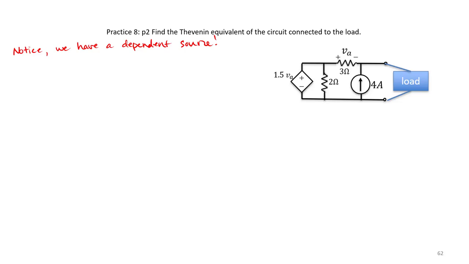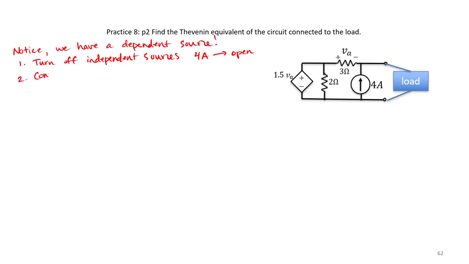So we need to follow the Thevenin resistance procedure for dependent sources. First we need to turn off our independent sources. So our 4 amp current source becomes an open.